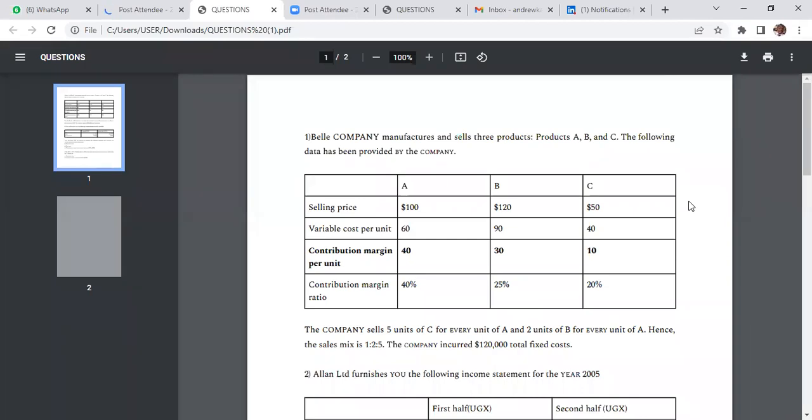I'll first compute for product A. I'll get the selling price, which is 100, then times its sales mix. I want to get the total sales in this case, so I have to first compute the total sales.